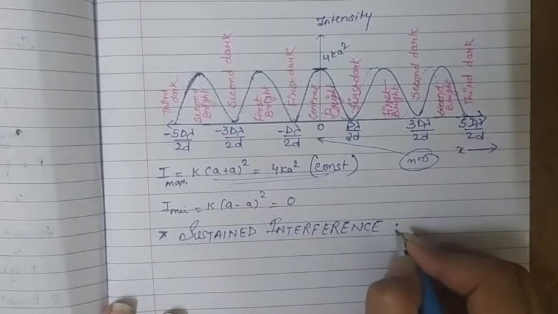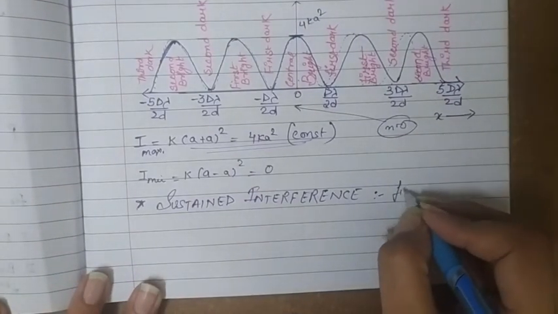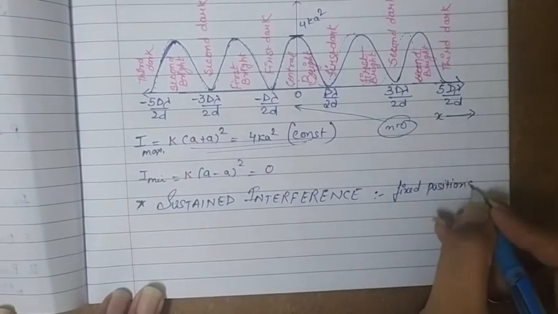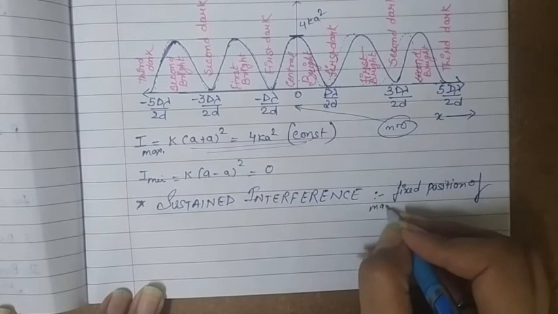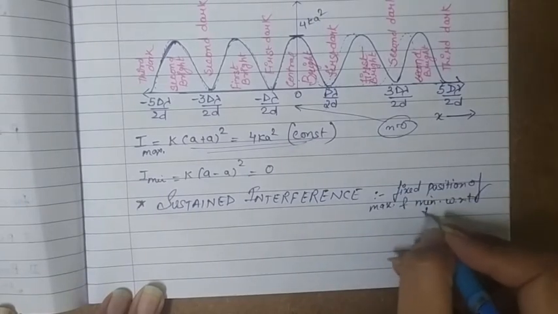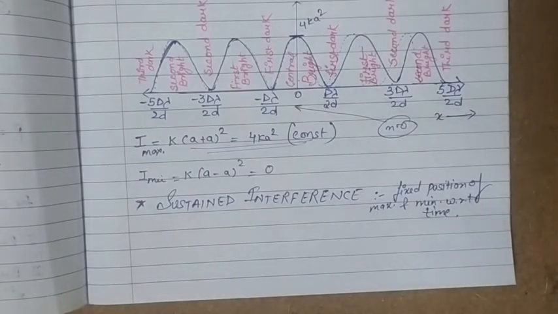Such an interference pattern has fixed positions of maxima and minima with respect to time. Means with time the position of bright and dark fringes is not changing, then such interference is called sustained interference.